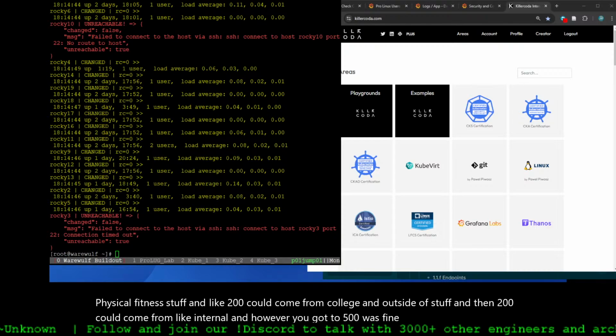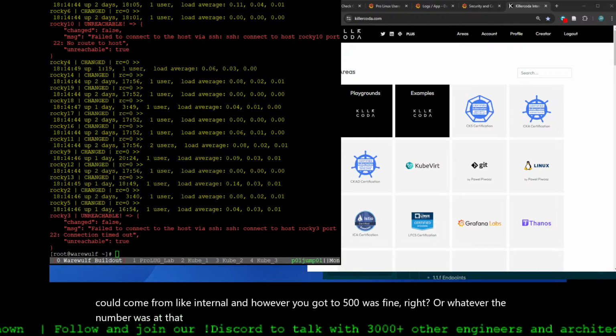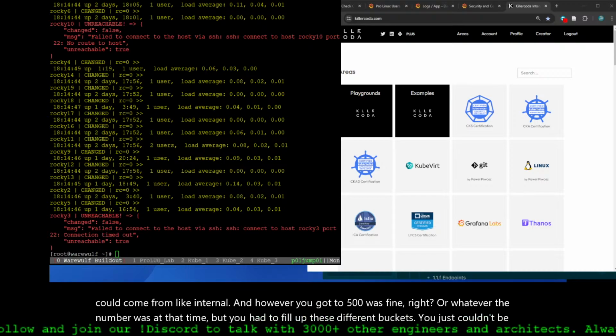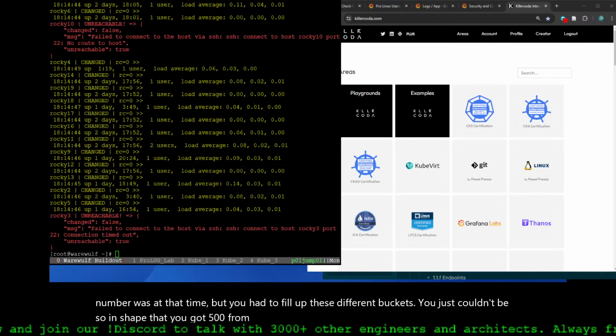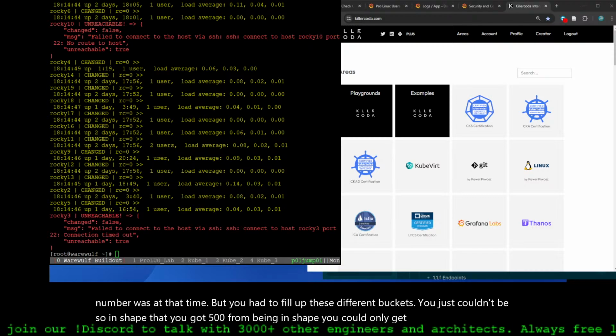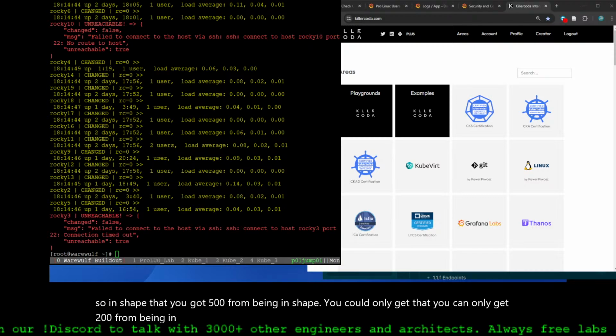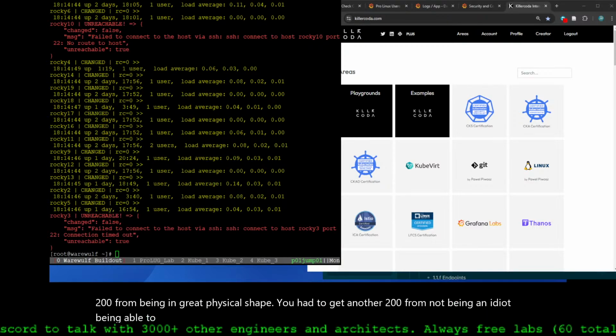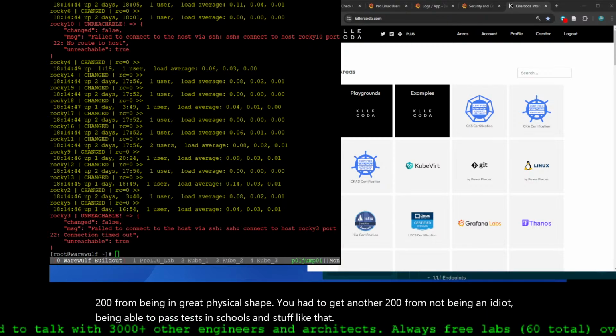Or whatever the number was at that time, but you had to fill up these different buckets. You couldn't be so in shape that you got 500 from being in shape. You could only get 200 from being in great physical shape. You had to get another 200 from not being an idiot, being able to pass tests in schools and stuff like that. So hopefully that makes sense a little bit.